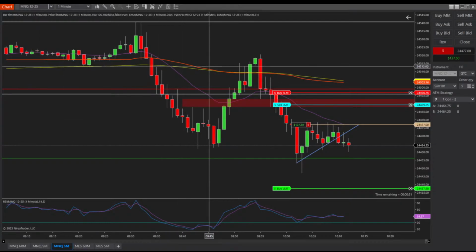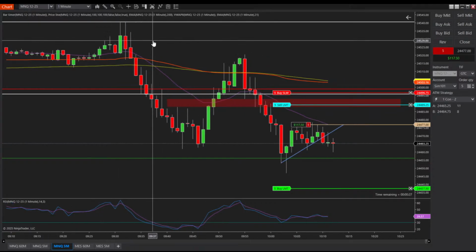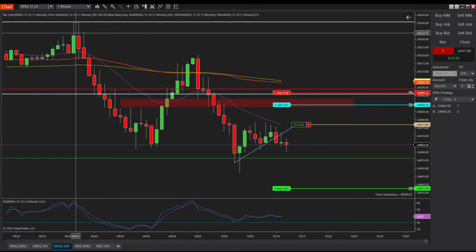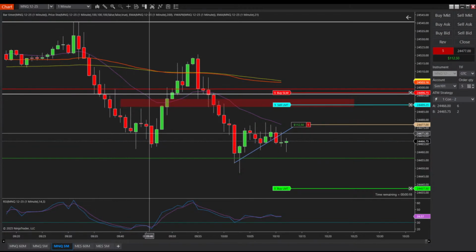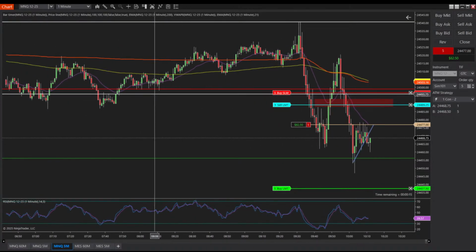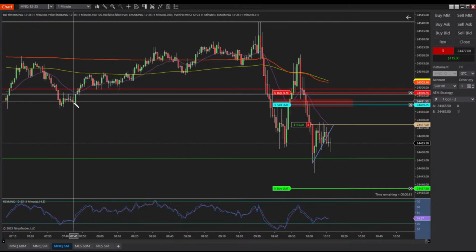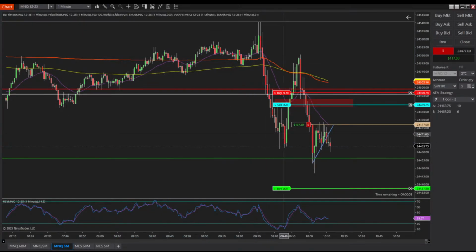The crazy thing about doing shorts is that when the market goes down, they say it takes the elevator. It goes down very fast, and when it goes up, it's like taking the stairs. It goes up over a long period of time, very slowly. Look how slow this move going higher is right here, and then look how fast it comes down.